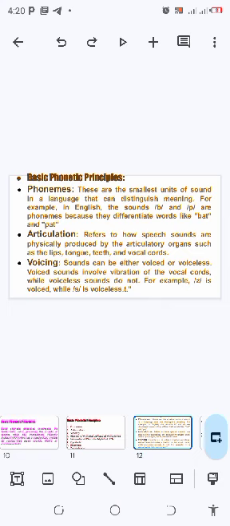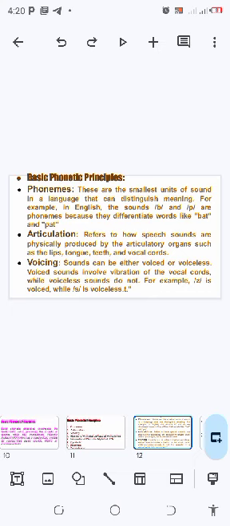So in English language, the sounds B and P are phonemes because they differentiate between words like bat and pat. Do you get that now? So P is a phoneme, B is another phoneme, A is a phoneme.